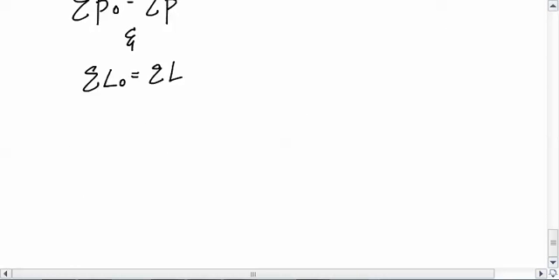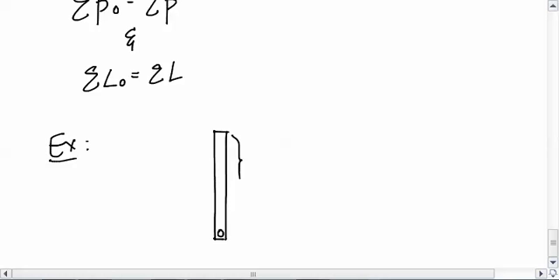So let's look at an example. What if we have a rod on our flat table, but this rod is not free to move. We have pinned the rod down right here, and this is all frictionless.